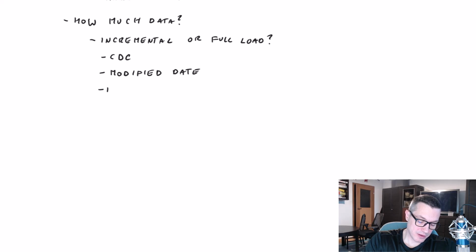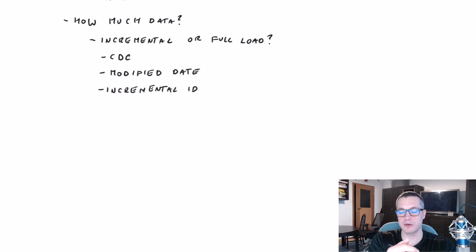Maybe this data source has some incremental ID. Maybe it has some ID that is constantly increasing, like 1, 2, 3, 4, 5, every time a new row is added, and you can use this ID just to see what rows were added in the meantime.